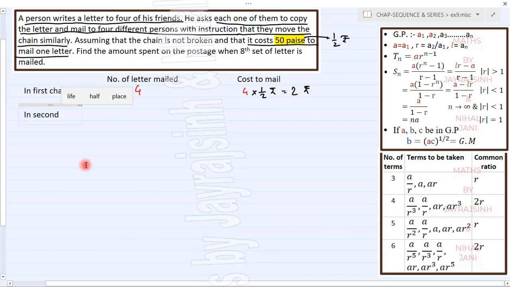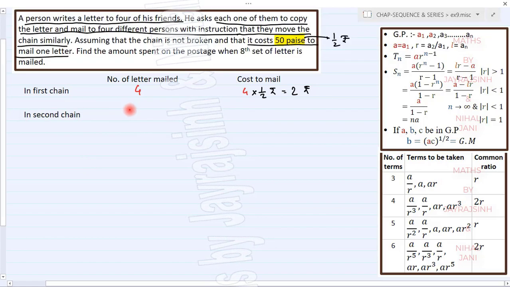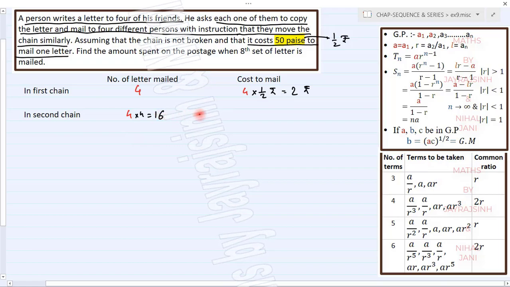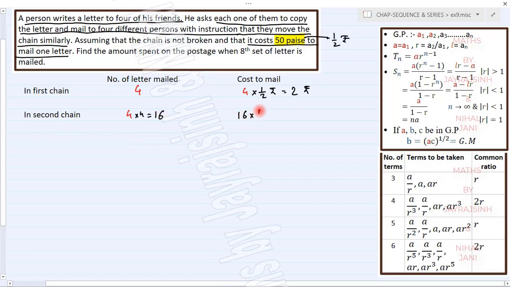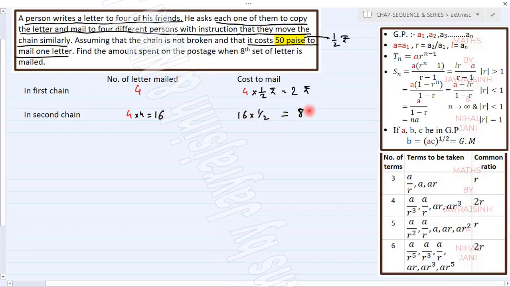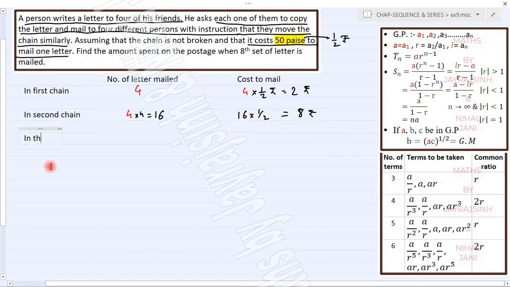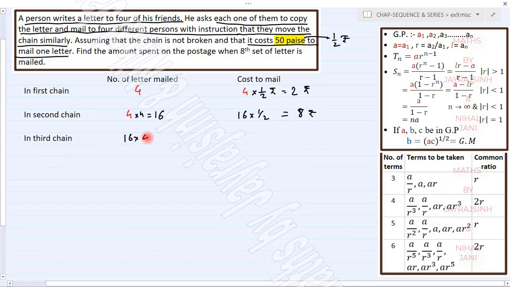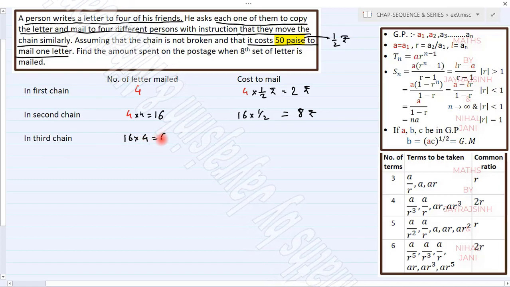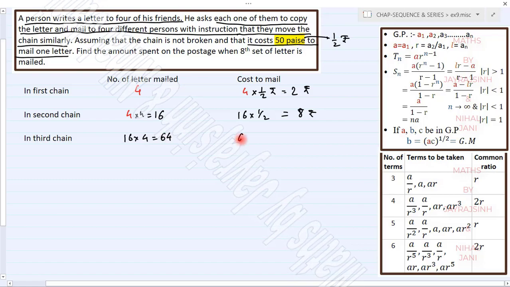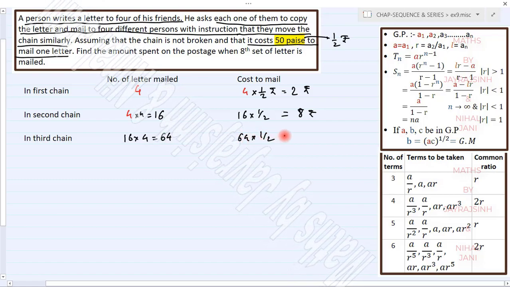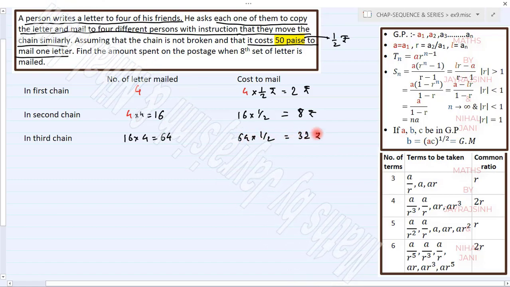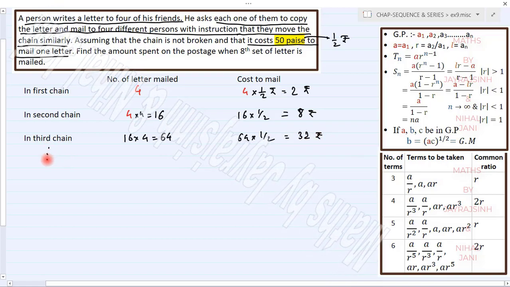Similarly, in the second chain, the number of letters will be 4 into 4, or 16, and the cost for it will be 8 rupees. Then in the third chain, 16 persons will mail 4 letters each, so they will reach 64, and the cost for this will be 32 rupees, and so on.